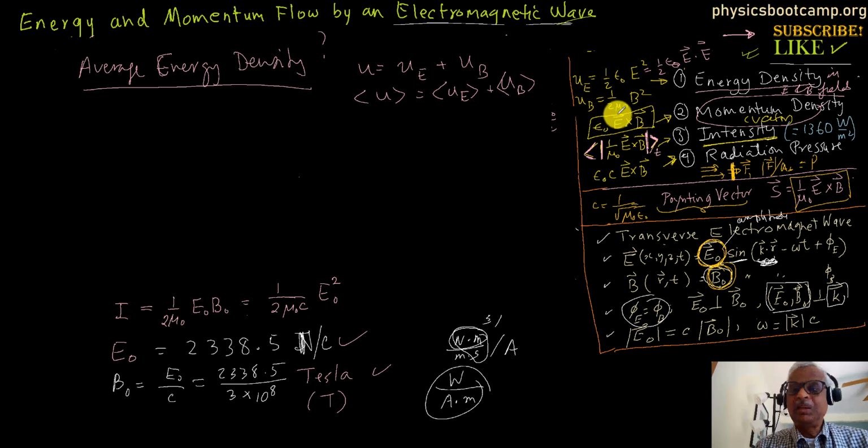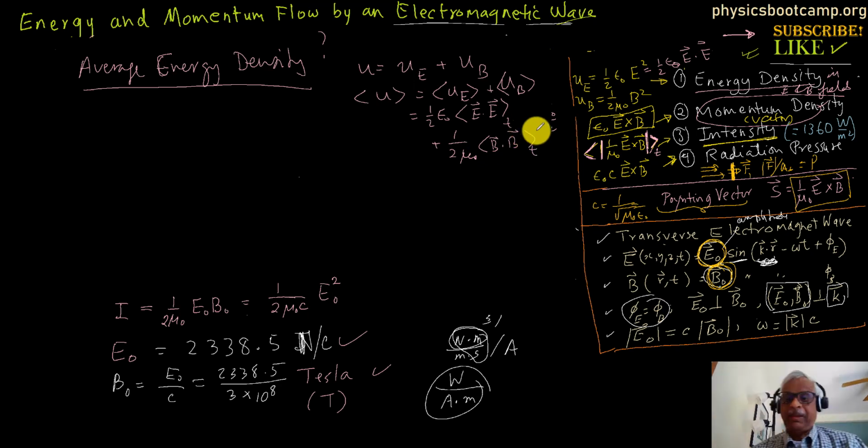And then I'll have to say, okay, this will be half epsilon naught E dot E. I have to time average this, and 1 over 2 mu naught B dot B. You can go through the process.